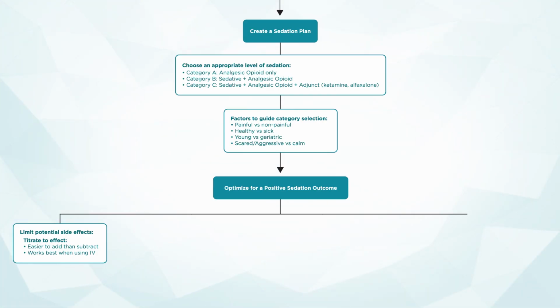But if I end up over sedating them, it's harder to take that away. And this titration can be a lot easier if you have an IV catheter. So if you have a patient that is sedate, place that IV catheter, and if they need a little bit more, giving an IV is going to make it a lot easier to titrate to exactly what you need.